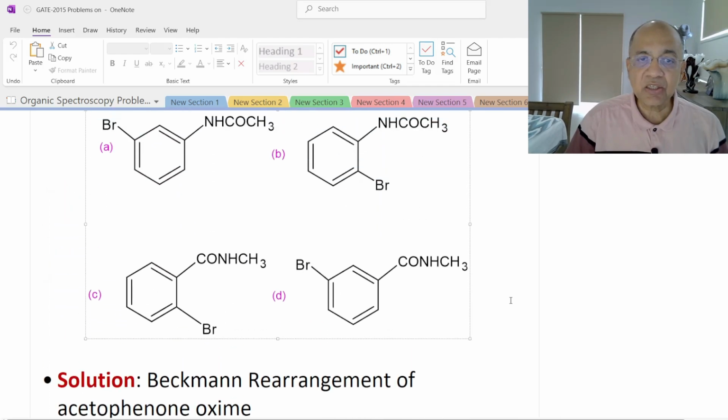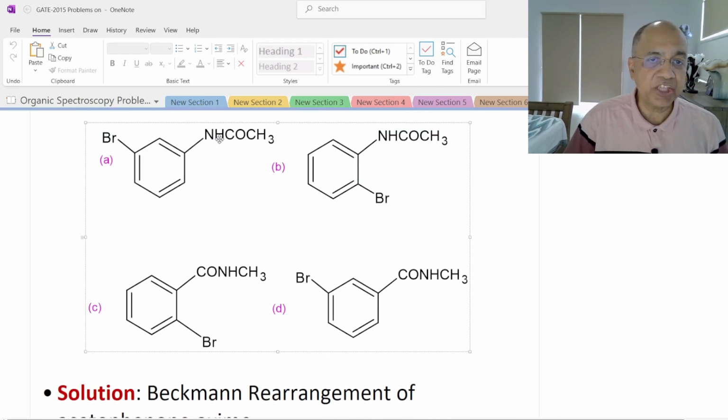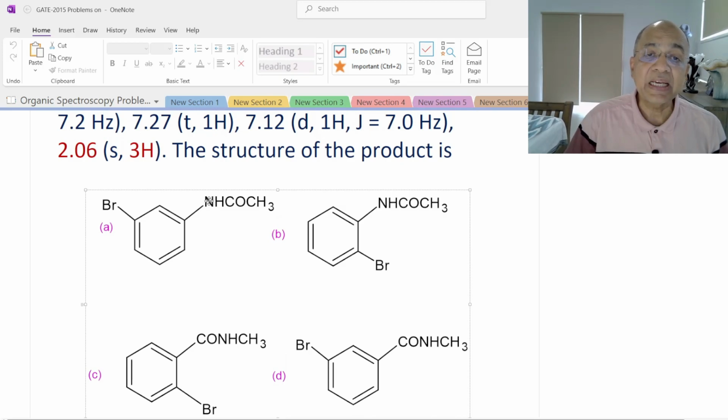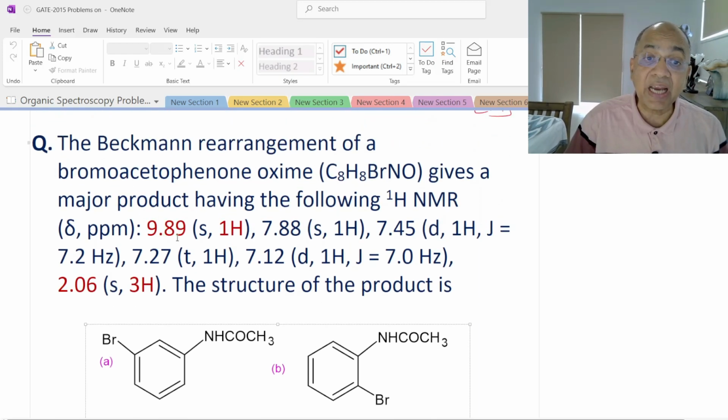But in the case of N-phenyl, the lone pair on NH is directly bonded to the benzene ring, not only to the carbonyl group but also to the benzene ring. So the extent of deshielding is more, and therefore the proton will be more deshielded, and it is appearing at 9.89.